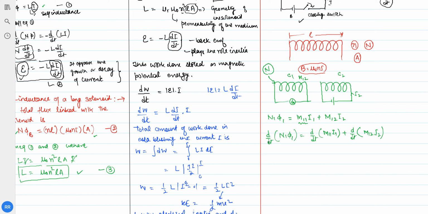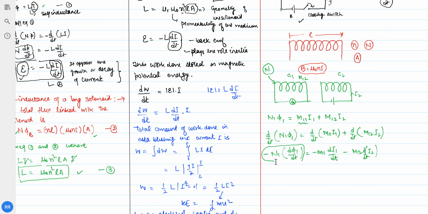Multiplying by the minus sign, N1 could be taken outside. This is d phi1/dt is equal to minus M11 di1/dt minus M12 di2/dt. Okay, so you know this part is equal to the EMF.